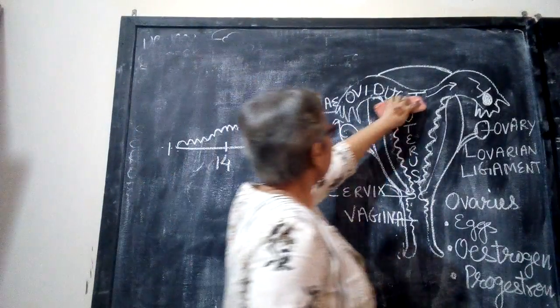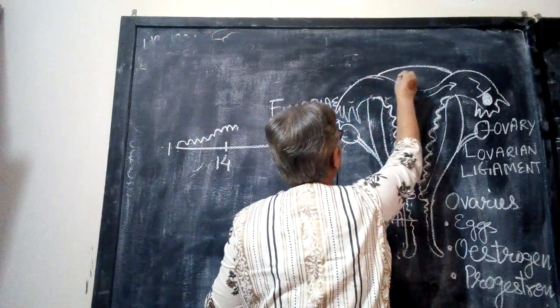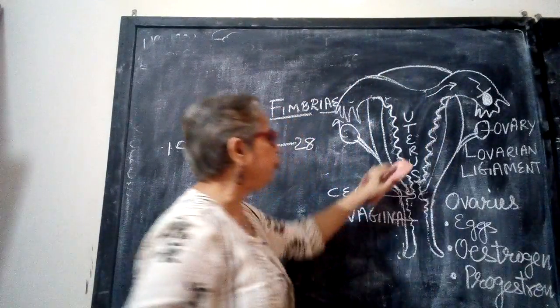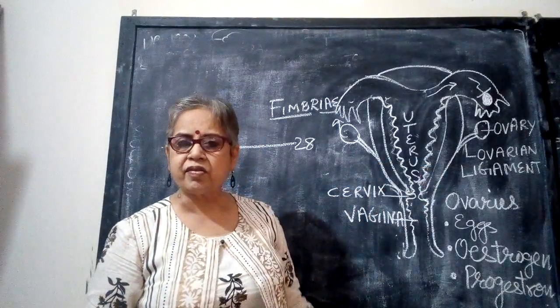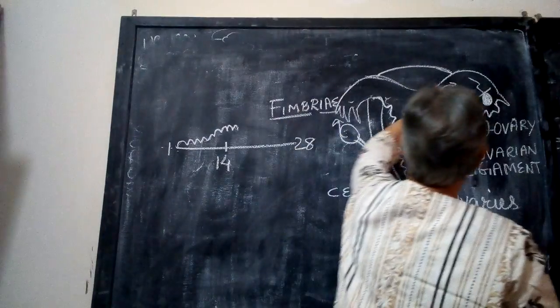The two oviducts combine to form a triangular, elastic, bag-like structure, the uterus.